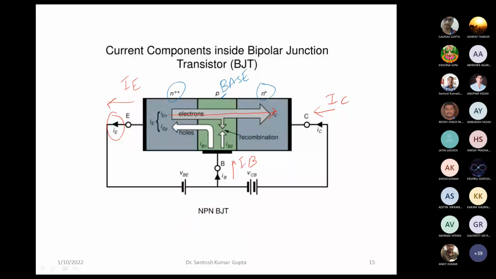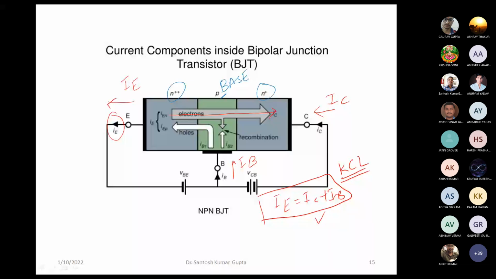Here, if we assume this transistor to be a node, then IE is equal to IC plus IB. We can apply the KCL equation here and write the current equation for this transistor: IE is equal to IC plus IB. We can see that this equation is valid even for the PNP transistor.